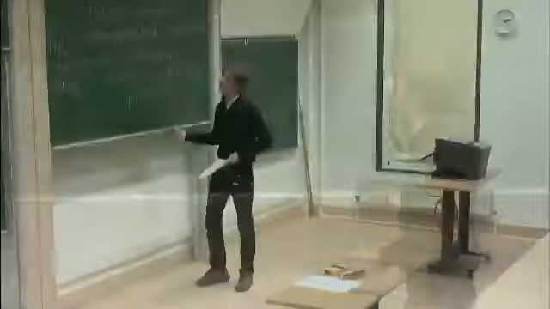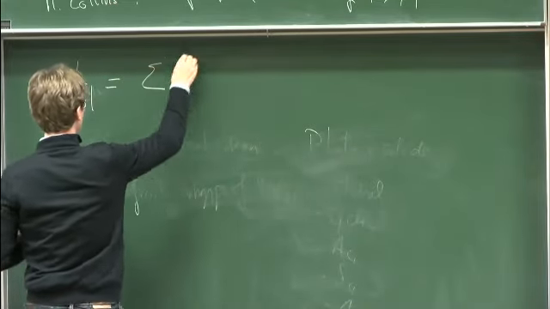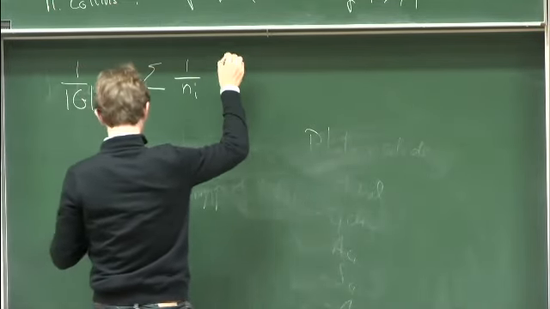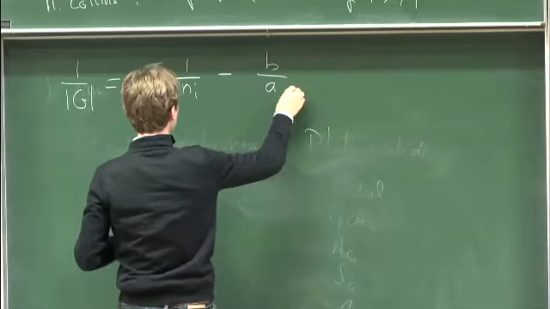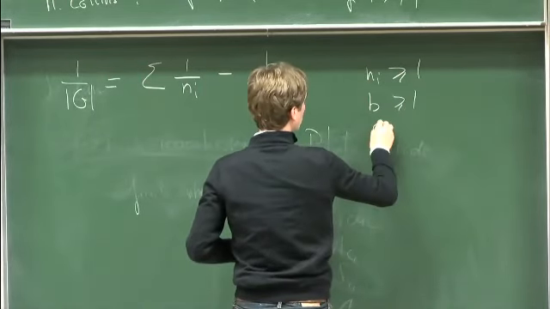Perhaps I go back there. You see it's a Diophantine equation, so every number appearing there is an integer. If you divide everything by g, you get an equation of this form: sum of 1 over ni minus b over a, where the ni's are all integers.